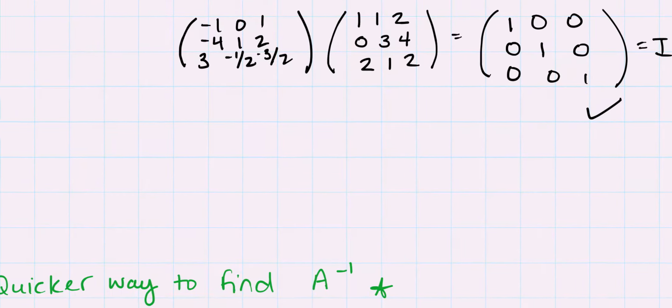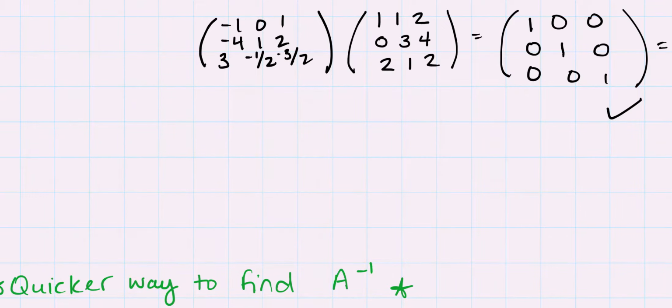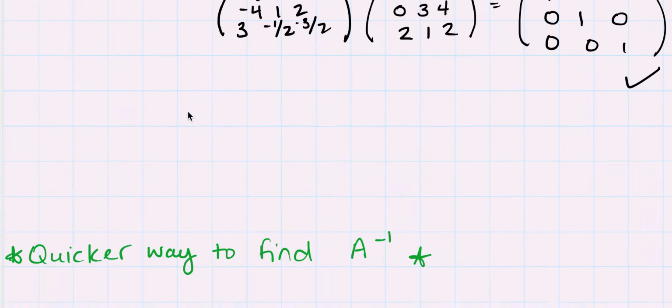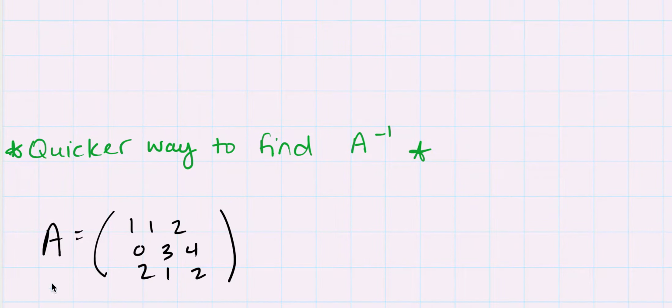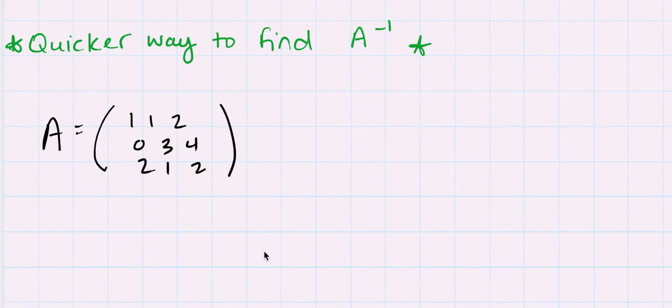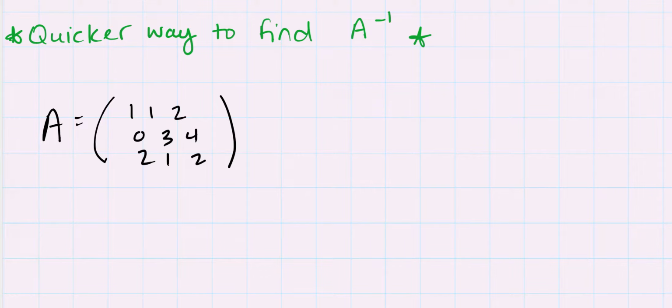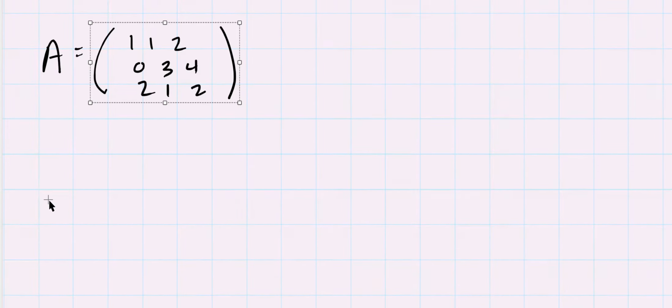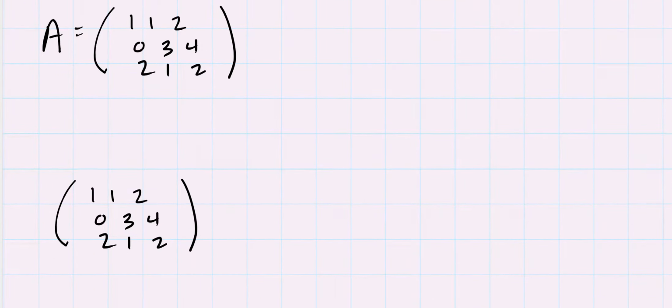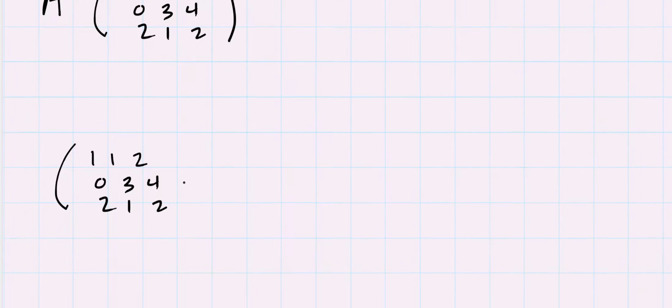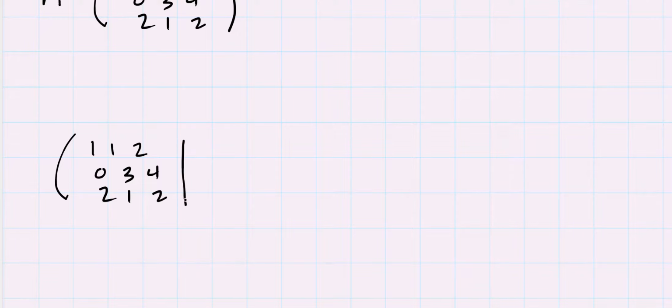Okay, so the next thing I want to talk about is just a quicker way to find the inverse of a matrix. So here I have that same matrix, this 3 by 3 matrix. And what you're going to do is you're going to copy this matrix, and we're going to put it right here. And I'm going to erase this line, and I'm going to put a straight line here, and then I'm going to put the 3 by 3 identity matrix here.